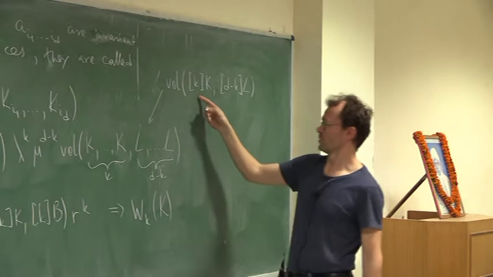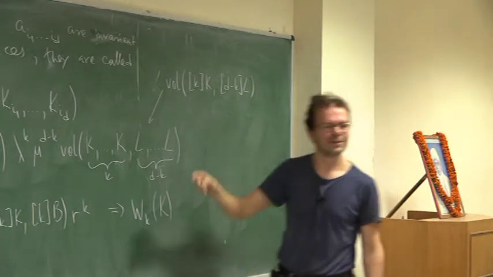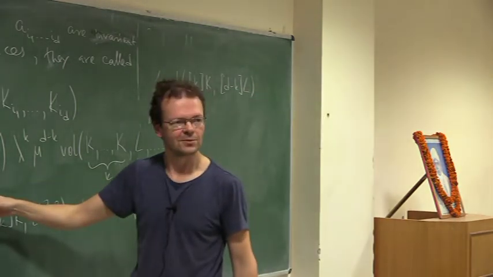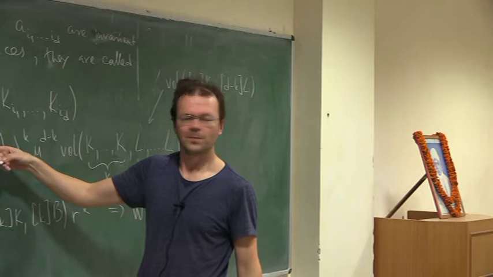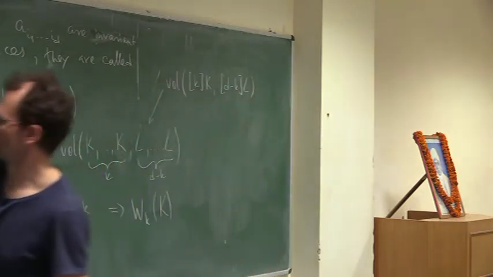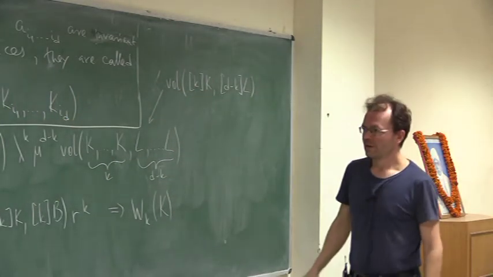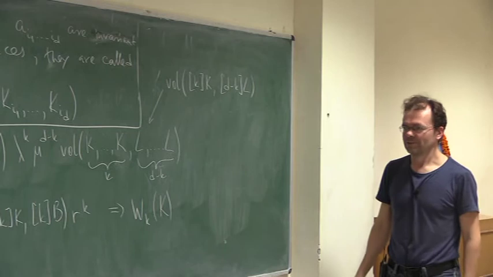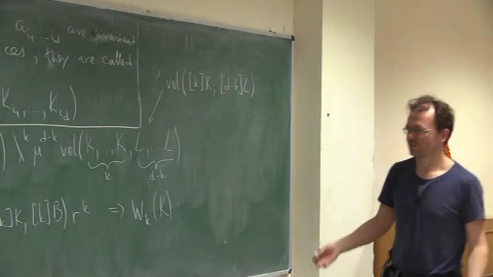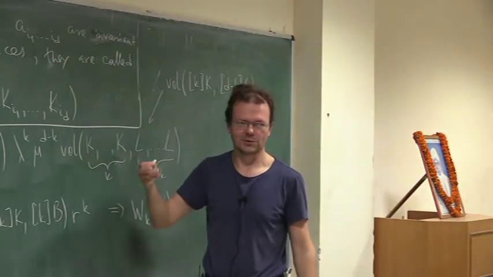So that was the notation, and this was the definition. I will give an example, but the definition is quite short, so to digest it, one needs to look at the examples.